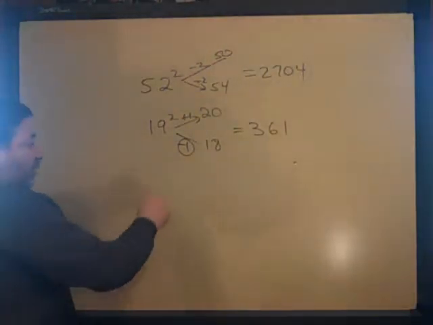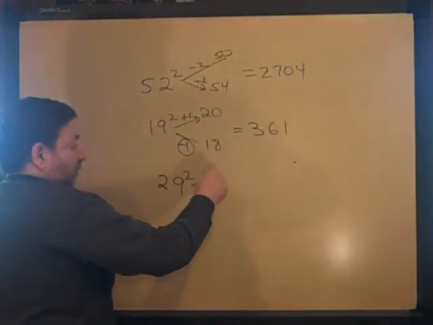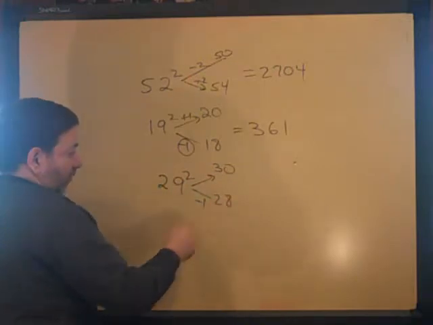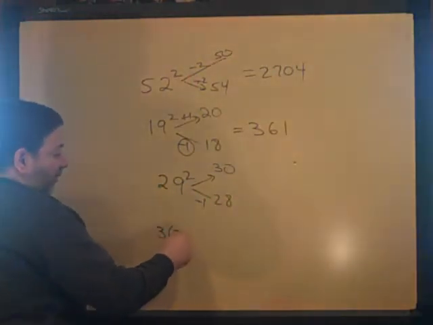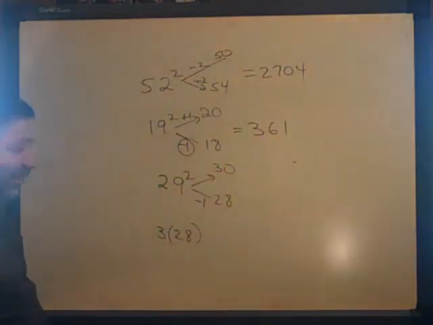If you wanted to square 29 in your head, you add 1, you take away 1. What's 3 times 28? It's really 30 times 28, but we're going to say 3.